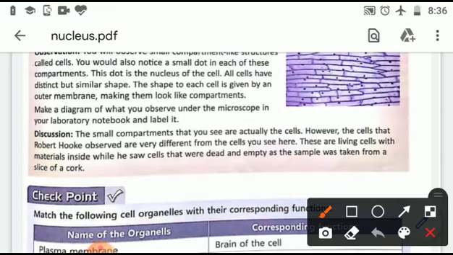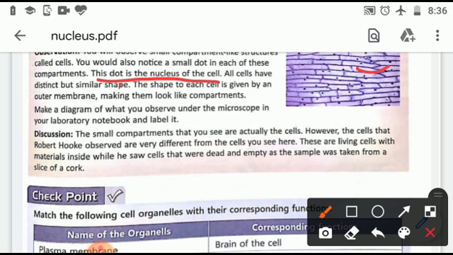All cells have a distinct but similar shape. The shape of each cell is given by an outer membrane, making them look like compartments. So make a diagram of what you observe under the microscope and note it down in your laboratory notebooks.